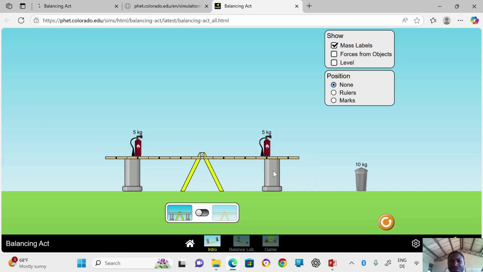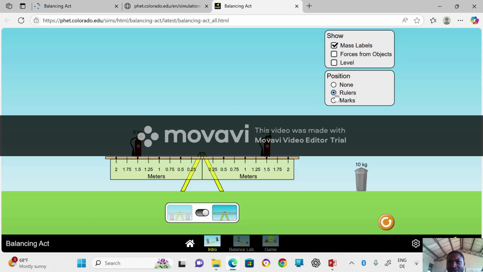Then I need to remove that. So we observe that at that very point, because they are at equal distance, let me put my ruler, the left hand side is at 1.5 and the right hand side is at 1.5.